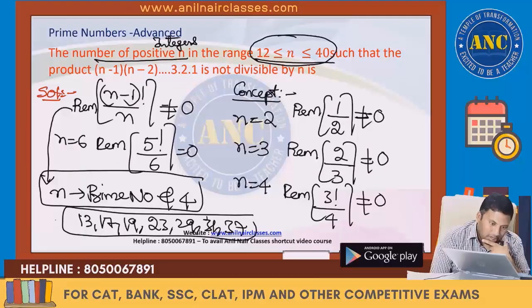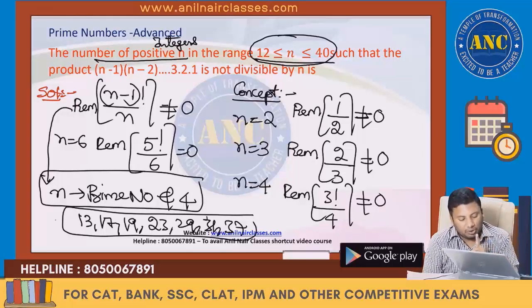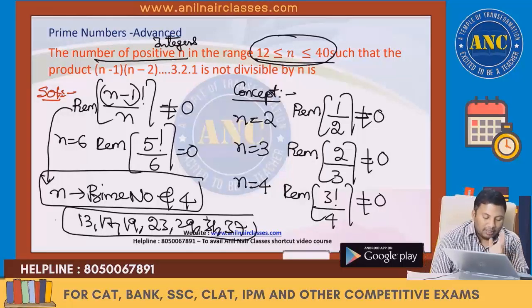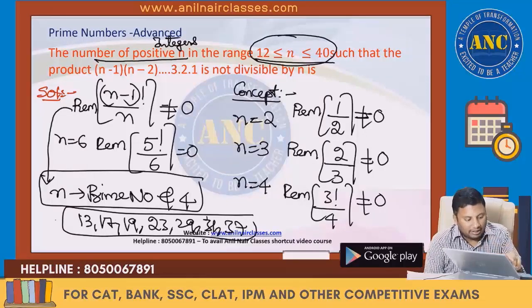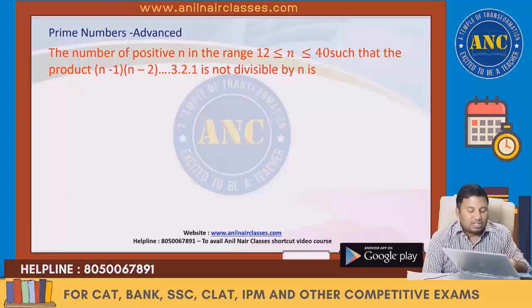Please write down two more very good questions, sir. Because we want from 12 to 40, I took all the prime numbers from 12 to 40. Write down another question. Actually, this is taken from a CBSE question.